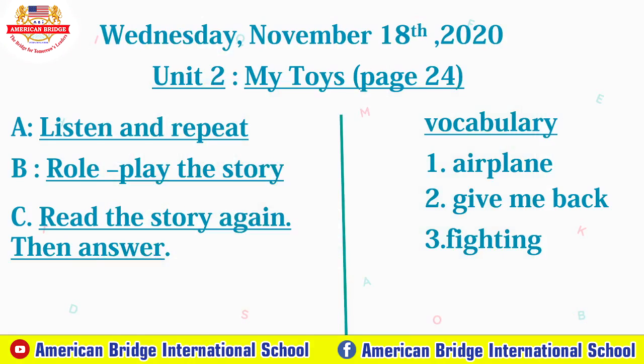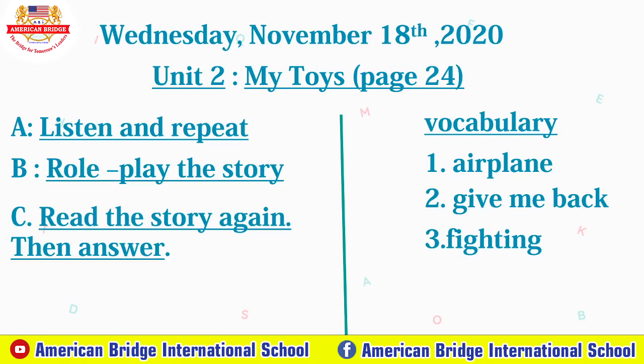So today is Wednesday, November 18, 2020. Today, in our first session, we are going to study our book, Hangout 1. Today teacher wants you to continue our lesson, Unit 2, where we talk about my toys, right? Everyone, please open your book right now on page 24.